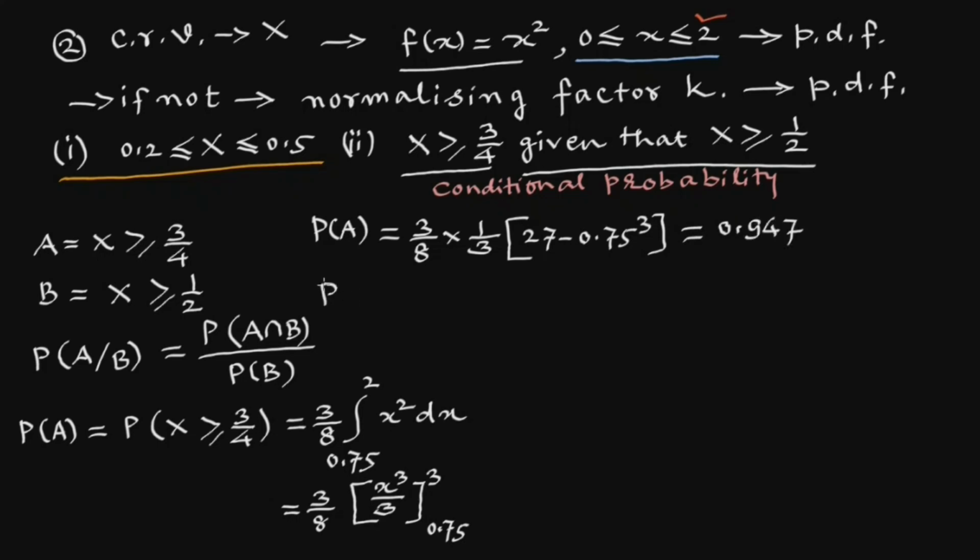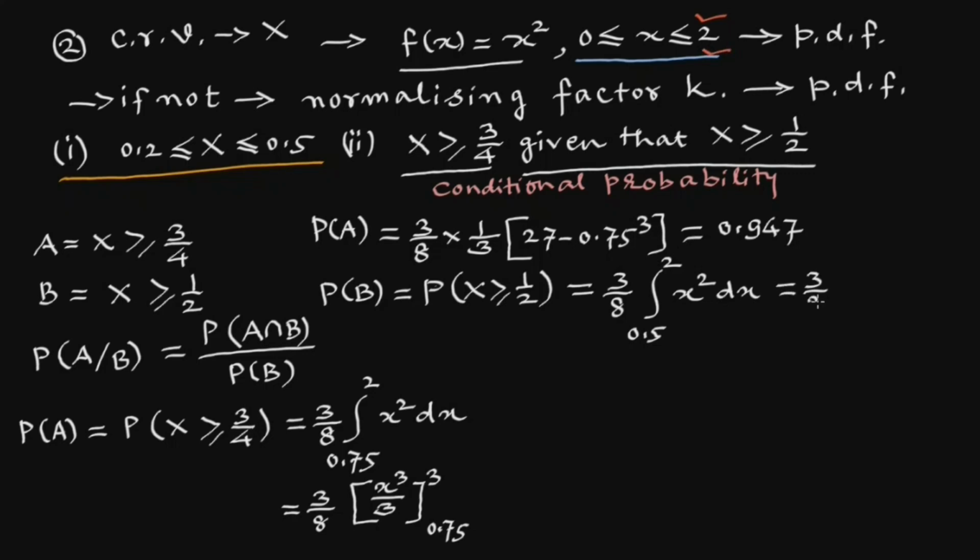Next, P(B) will be the probability of x greater than or equal to half, that equals 3 by 8 x square dx from 0.5 to this higher limit 2, which is 3 upon 8 x cube upon 3 from 0.5 to 2, which is 3 by 8 into 1 by 3 into 2 cube is 8 minus 0.5 cube.